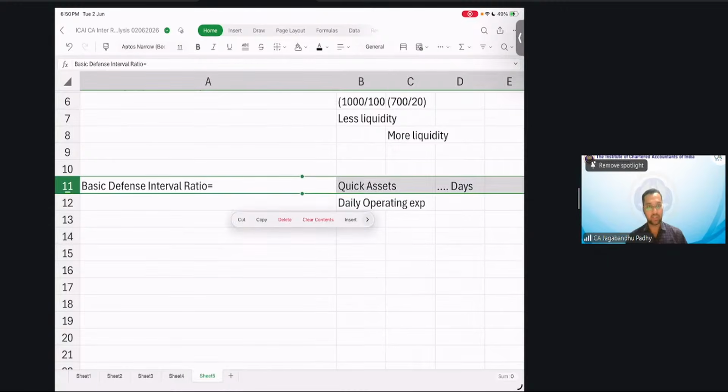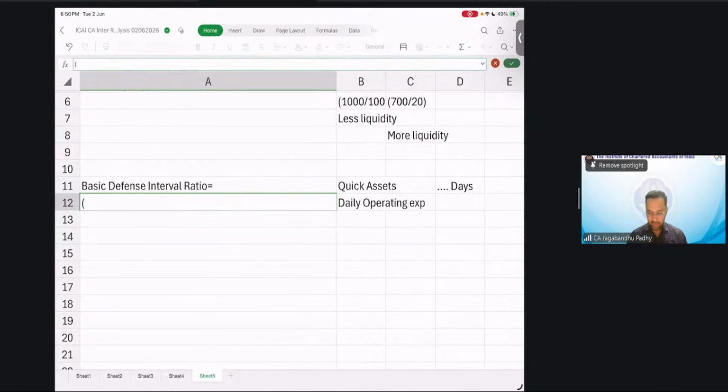How do we measure this? The basic defense interval is going to basically tell us the number of days for which operating expense can be paid without any funding.